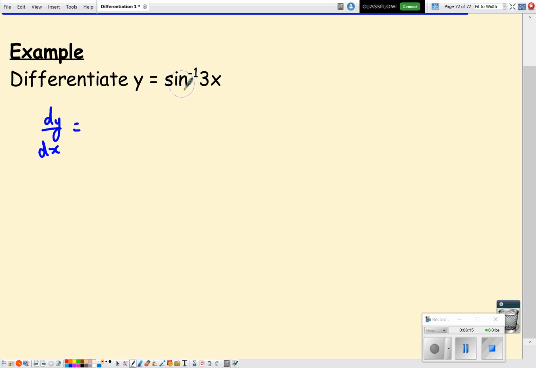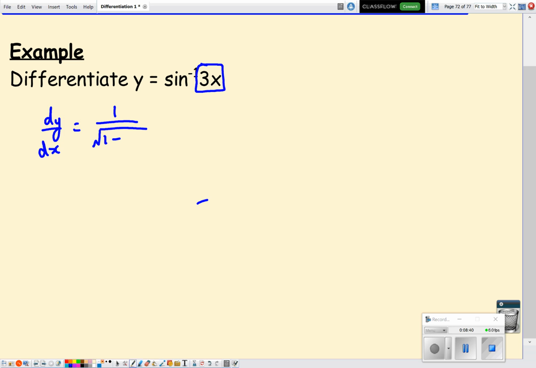is the derivative of the inverse sine 3x part: 1 over, so the standard derivative, remember, for inverse sine of x is 1 over root 1 minus x squared, so root 1 minus, now this is where you need to be very careful. This is your x part, this is your angle, if you like.